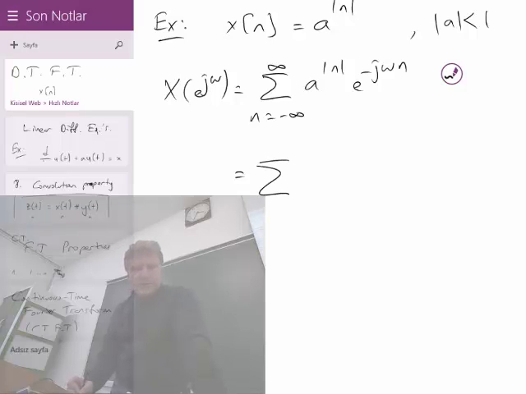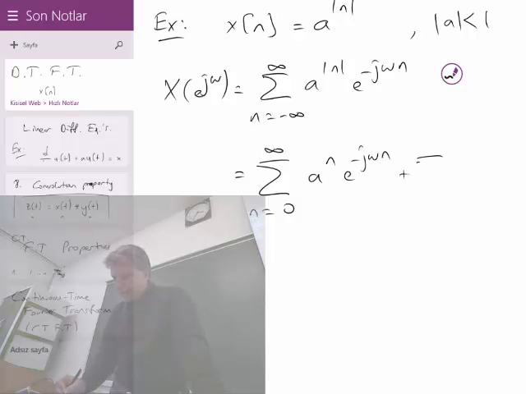The first part is n from 0 to infinity for all the positives, including the 0. For them, A to the absolute value of n will be equal to A to the n, because the absolute value of n will be n itself for positive n. A to the n, e to the minus j omega n.